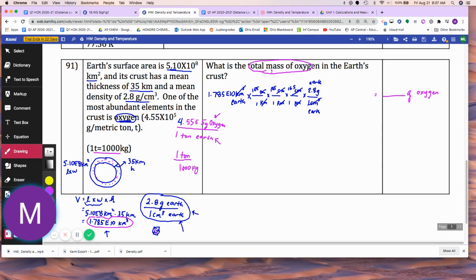So now I'm going to go to tons of Earth using this conversion so I can get to tons of oxygen. So it says drop the grams. I'm going to go to kilograms first. So 1e3 grams is 1 kilo of Earth still. And then over here, 1,000 kilo is 1e3 kilo is 1 ton of Earth.